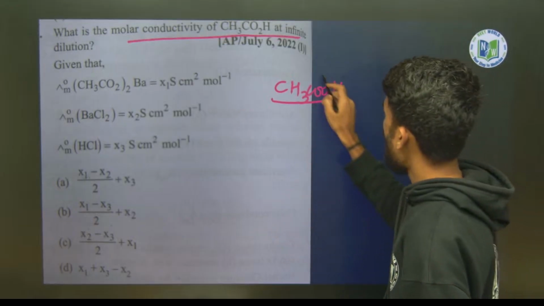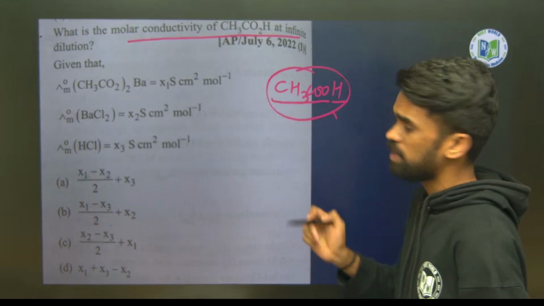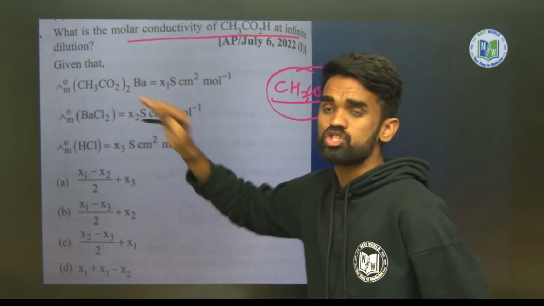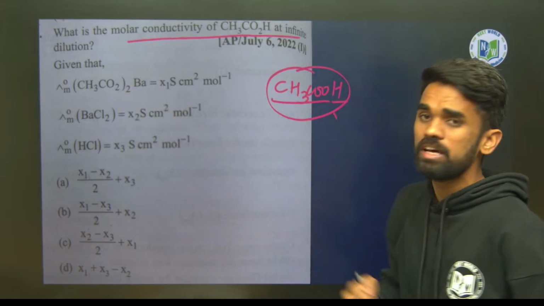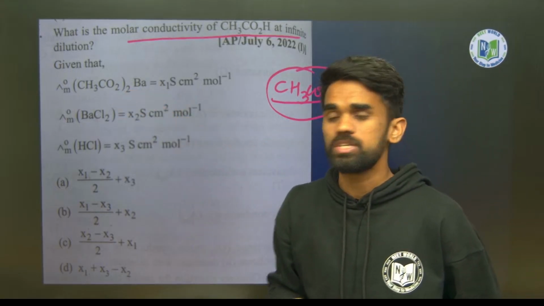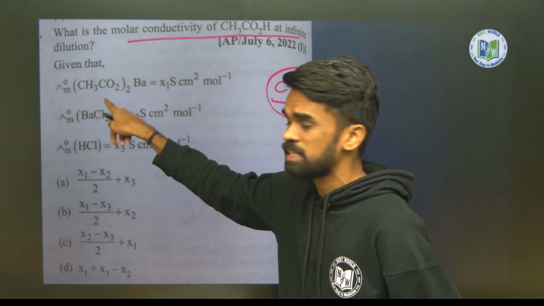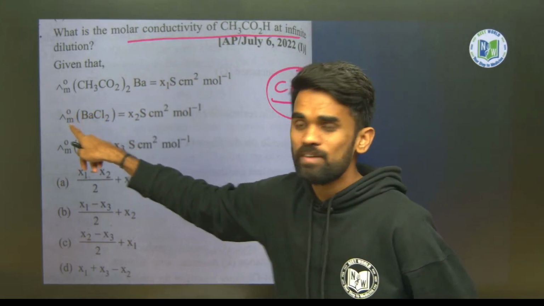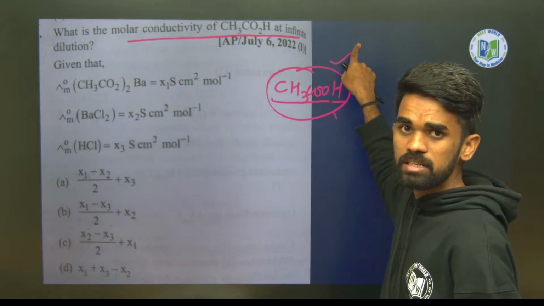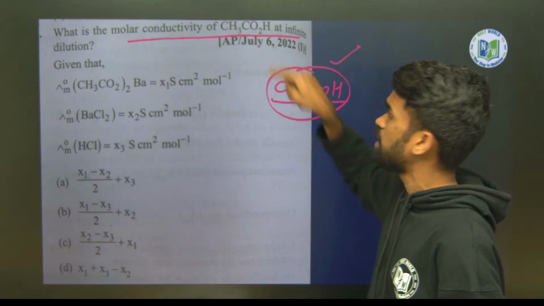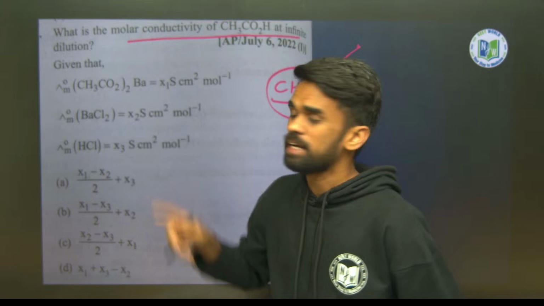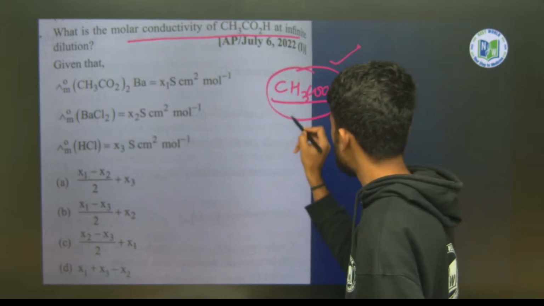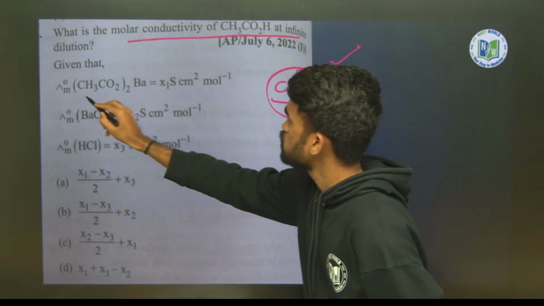These ions, one cation and one anion, should be considered from the strong electrolytes, because a weak electrolyte will not undergo complete dissociation. So by using the indirect method, using the strong electrolytes which contribute these ions, we can find the molar conductivity of a weak electrolyte like acetic acid. I can use barium acetate.